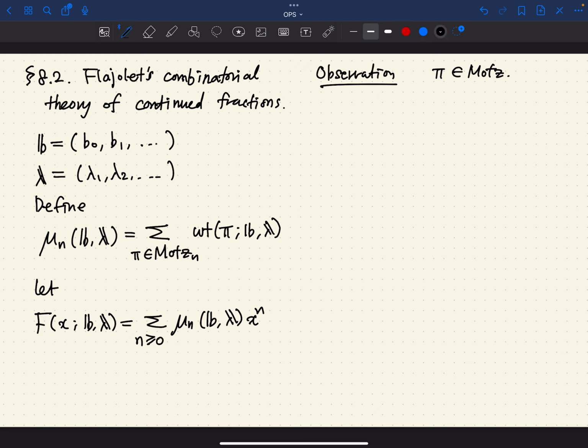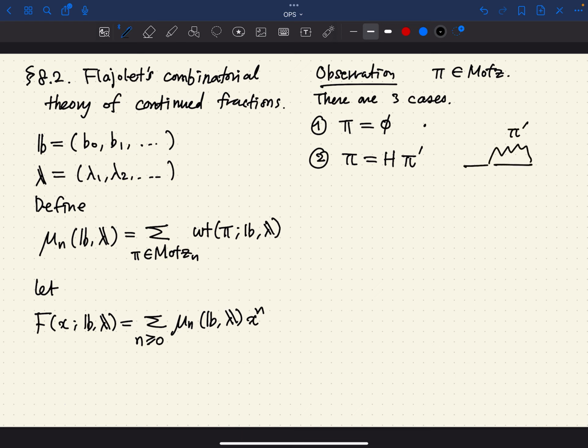Then we have three possibilities. There are three cases. Case 1, pi is the empty path. It's not nothing in the sense of a single dot from 0 to 0, okay? And second, if it's not the empty path, then there must be a first step. So the first step could be horizontal. So pi could be a horizontal step, and then a Motzkin path, something else, like this.